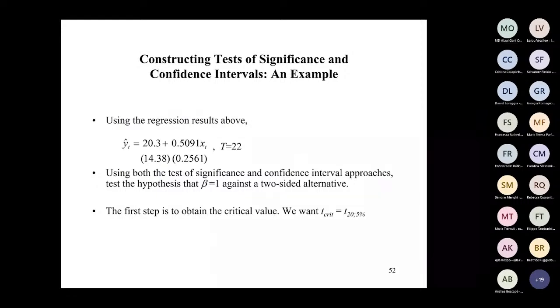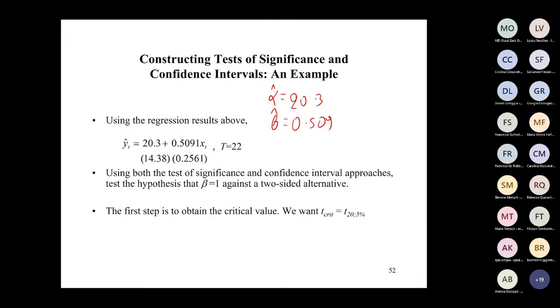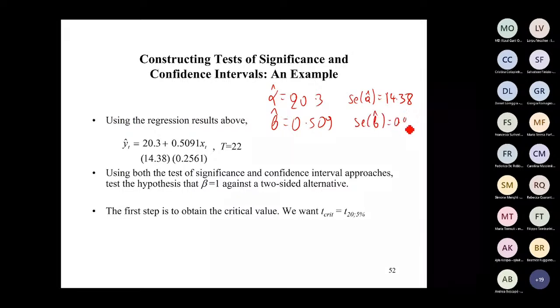We have a regression where, in this case, alpha hat is 20.3, beta hat is 0.509, the standard error of alpha hat is 14.38, and the standard error of beta hat is 0.25.